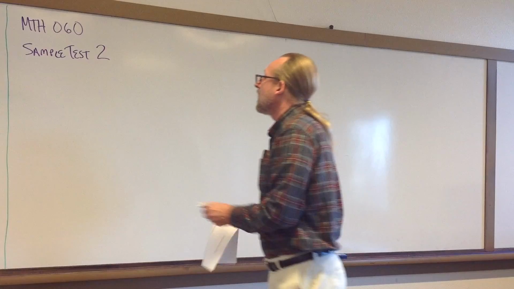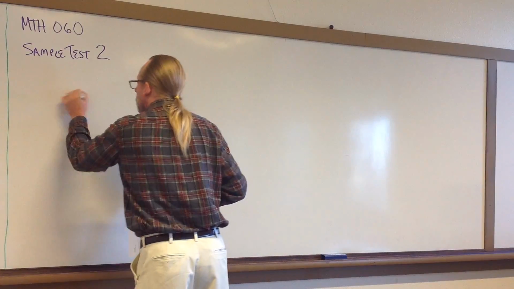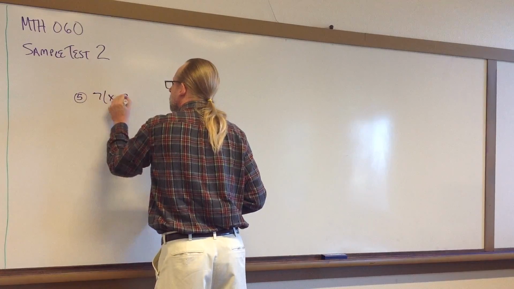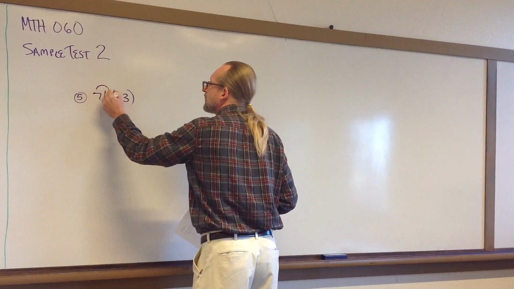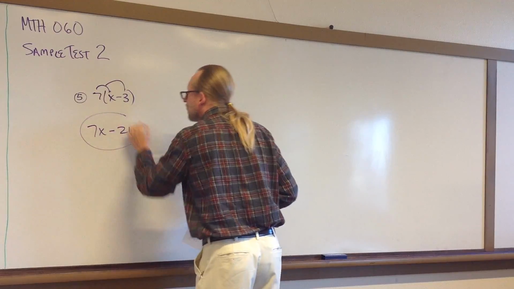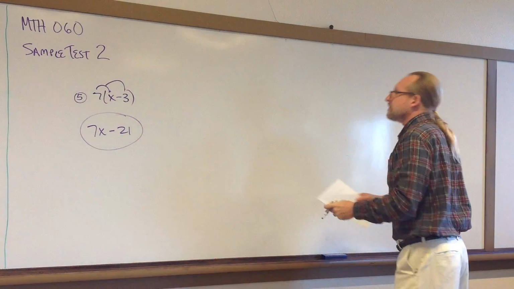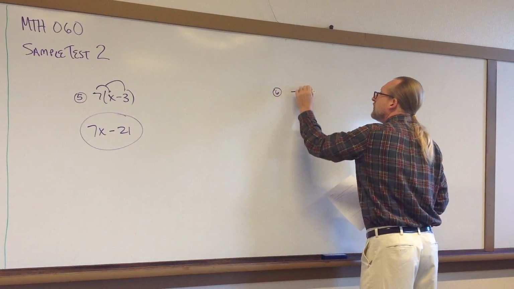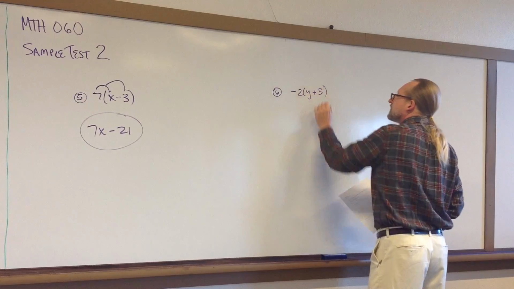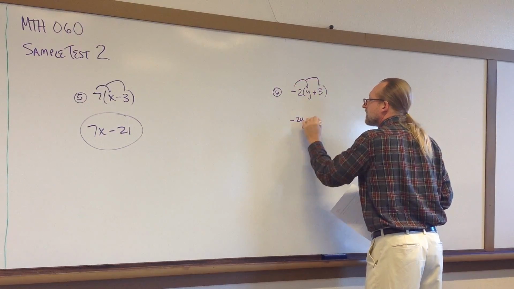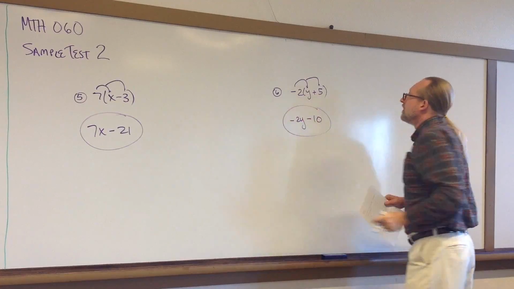And problem 5, we've got 7 times x minus 3. So we just distribute the 7 into the parentheses, 7x minus 21. Problem 6, negative 2 times y plus 5. Again, distribute that negative 2 inside there. That'll give us negative 2y minus 10.